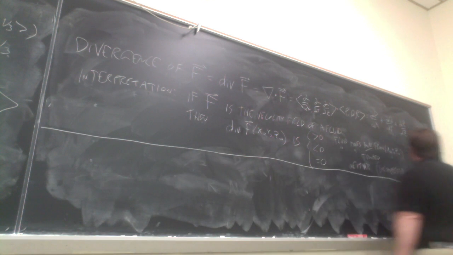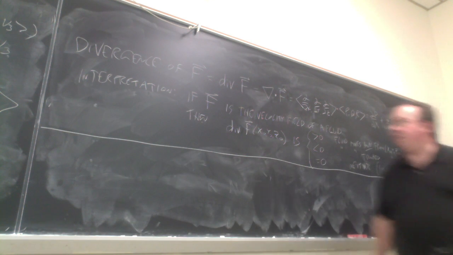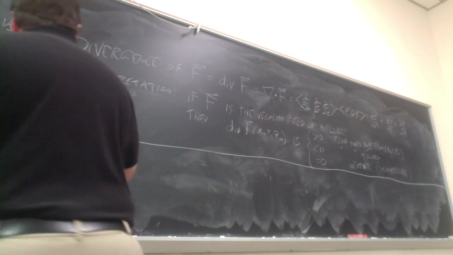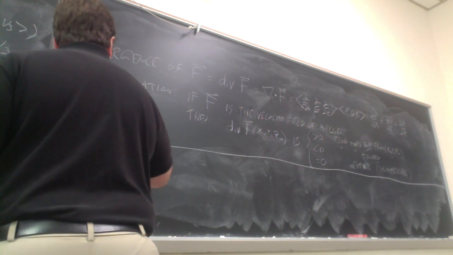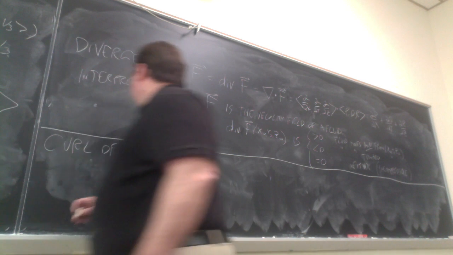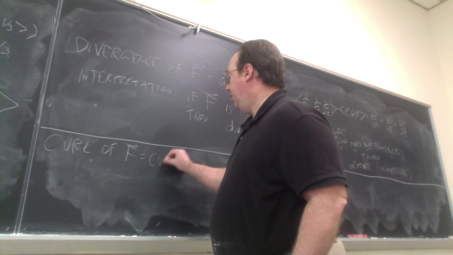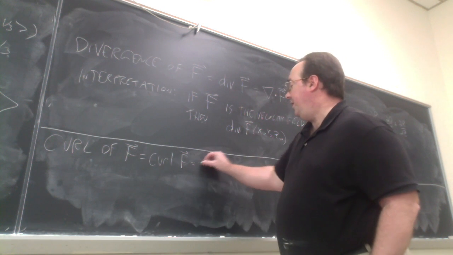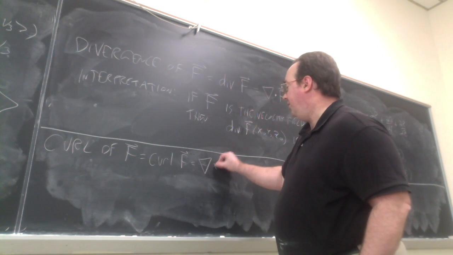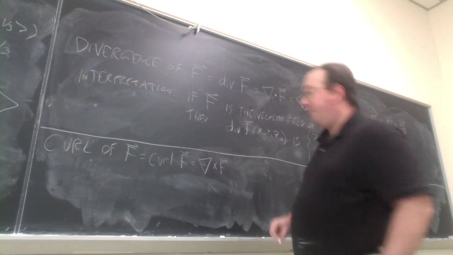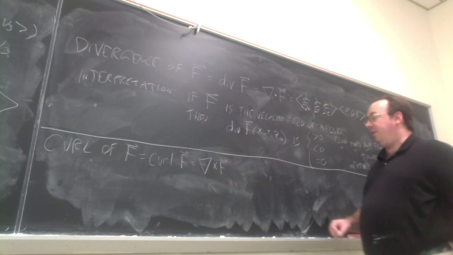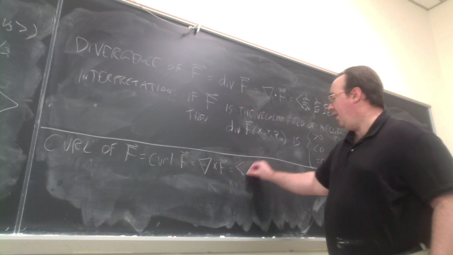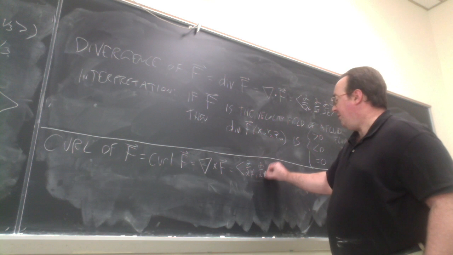Now, the other operation, instead of using a dot product, uses a cross product. So the curl of the vector field F, which is abbreviated curl F, that is the cross product of this del vector with F. So if I write this, I usually like to write cross products to help me keep everything straight.